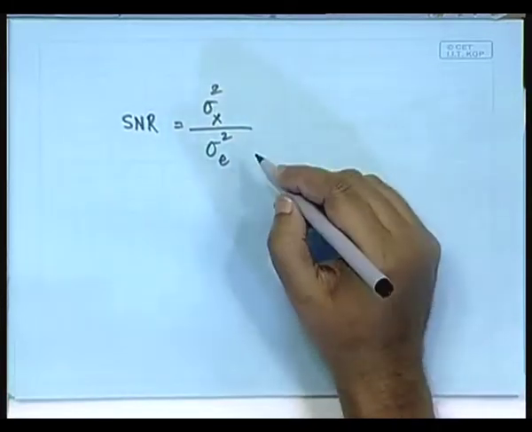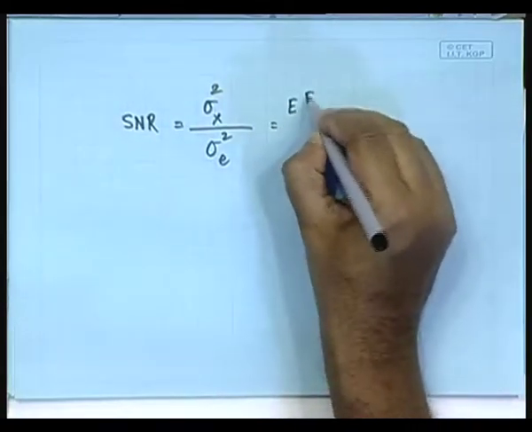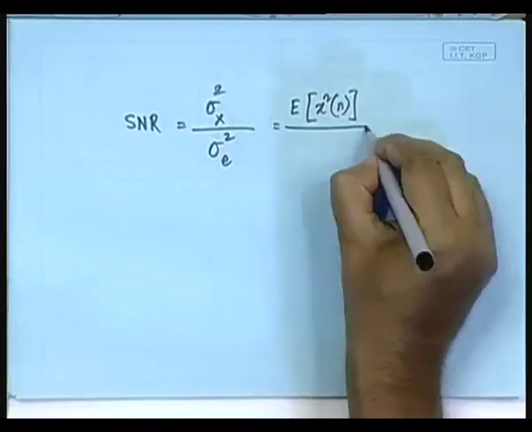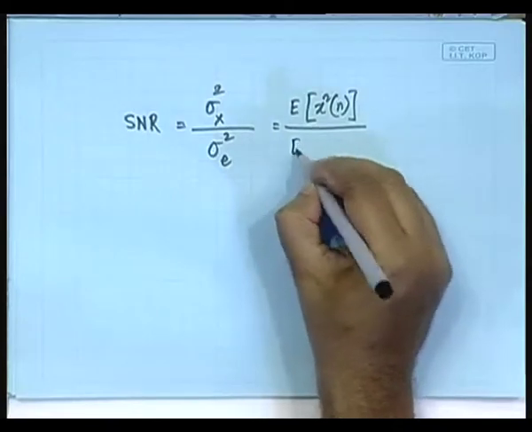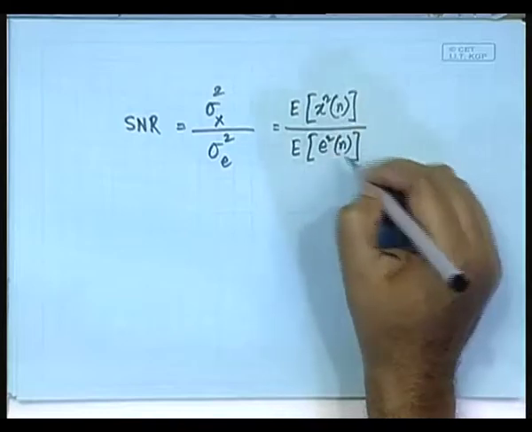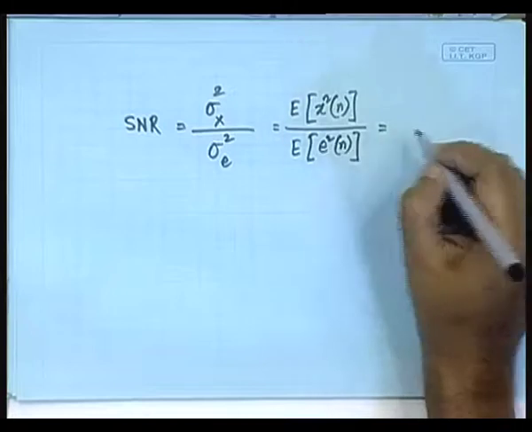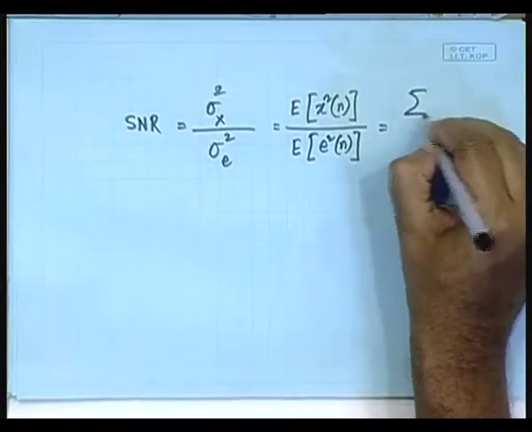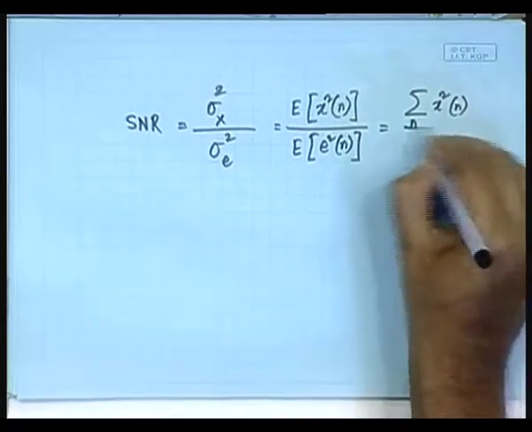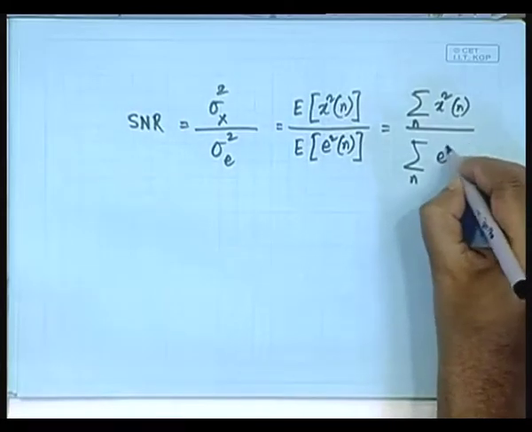So, it is sigma square x by sigma square e, and sigma square x is nothing but the expectation of x square n, and that of the error is the expectation of e square n. So, this is the energy of the signal, and this is the energy of the error, and this can be written of course in summation form also, summation over n x square n divided by summation over n e square n.